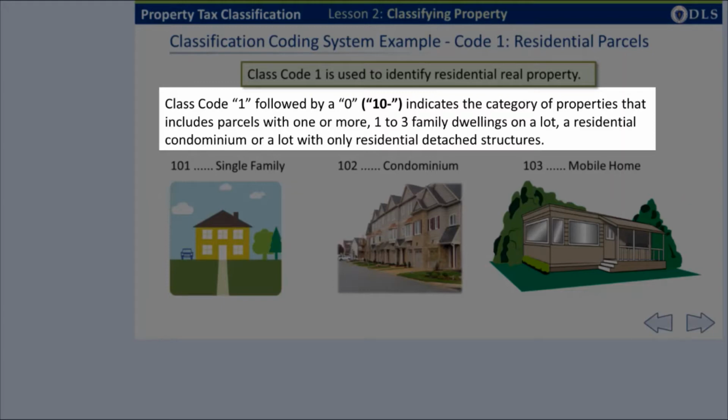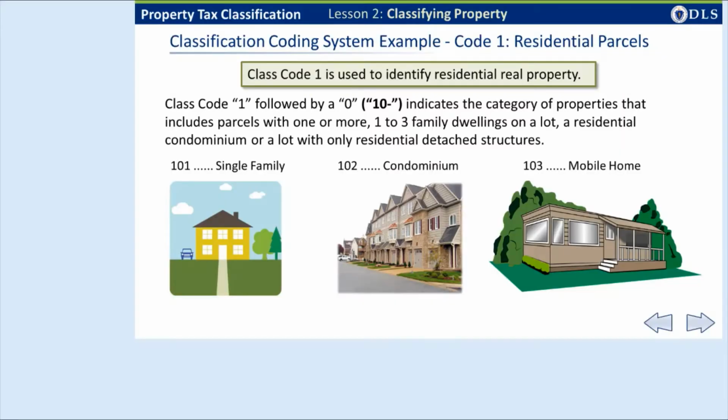The first digit 1 indicates it is a residential parcel, and the second digit 0 refers to the category of properties listed above. The third digit indicates the specific property type within the category of properties referred to by the second digit. For example, the State Use Code 101 refers specifically to a single-family home.